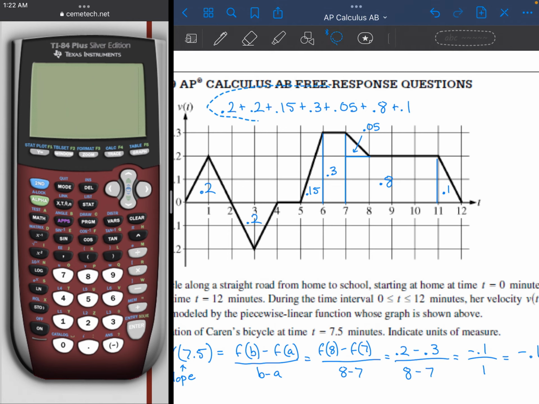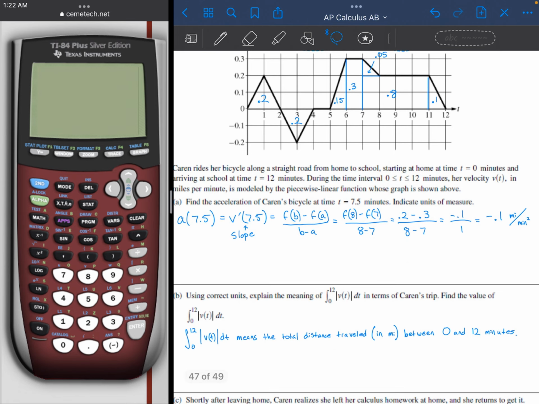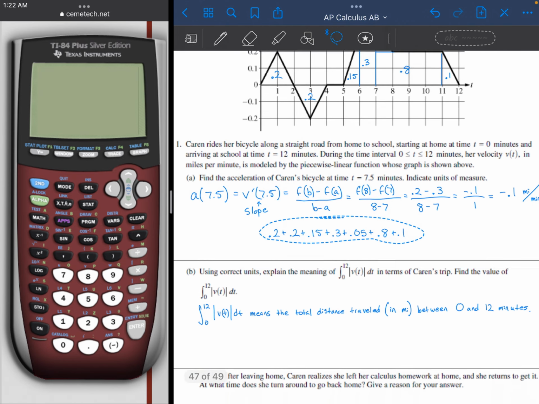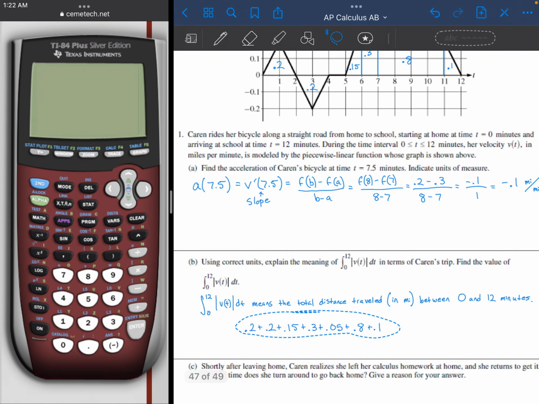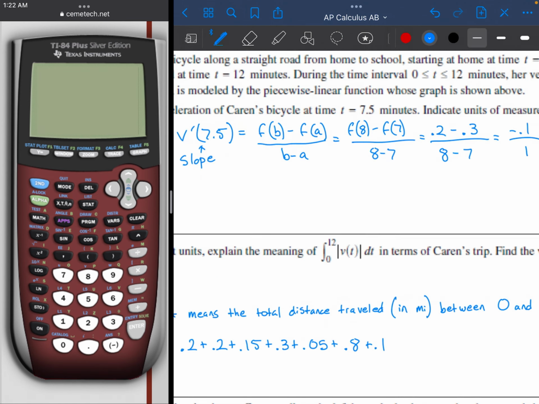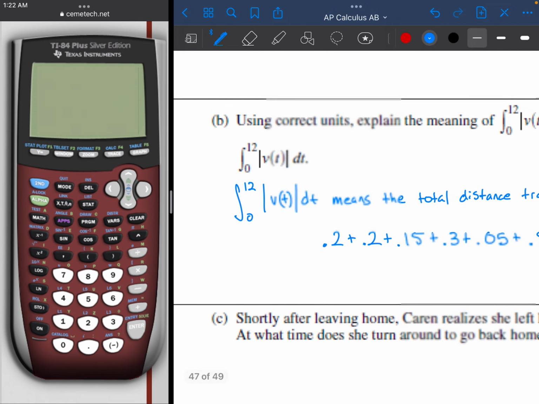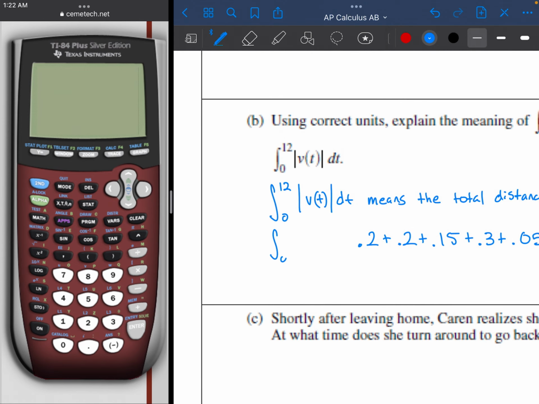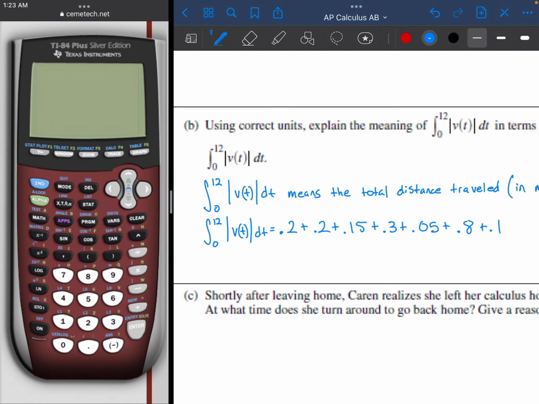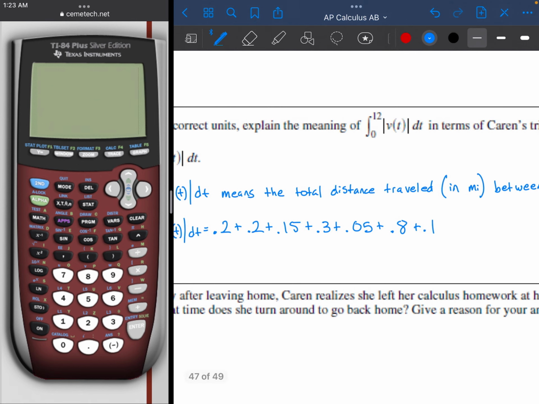And because of technology and it being so awesome, I can grab that and just move that down here. Yeah, sure, that looks good. And what I can do now is I can say that this integral between 0 and 12 of the absolute value of v of t dt is equal to those numbers added up. Is there a fast way to do this?